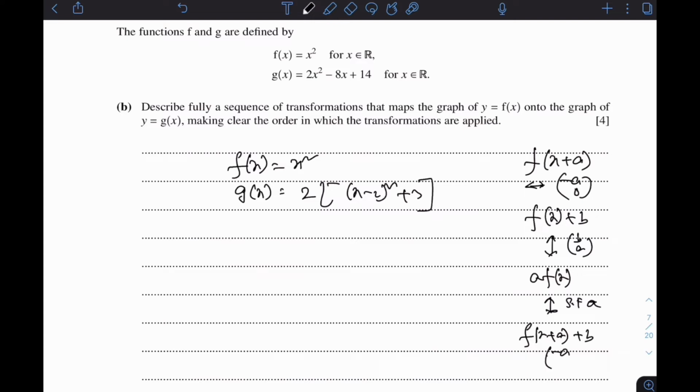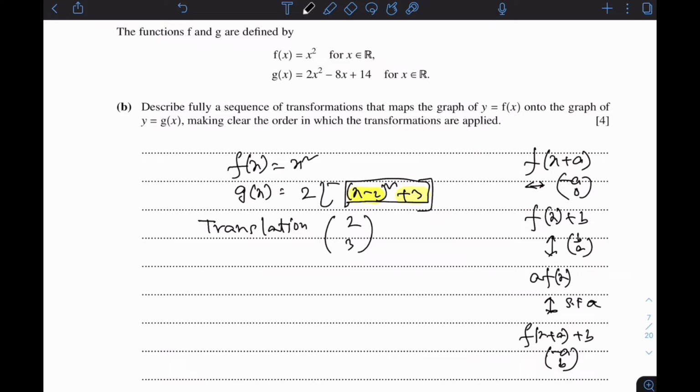This is (minus a, b), so same thing. If we consider this one, x minus 2 is horizontal and plus 3 is vertical. So we can say translation of 2 units horizontally and 3 units vertically.